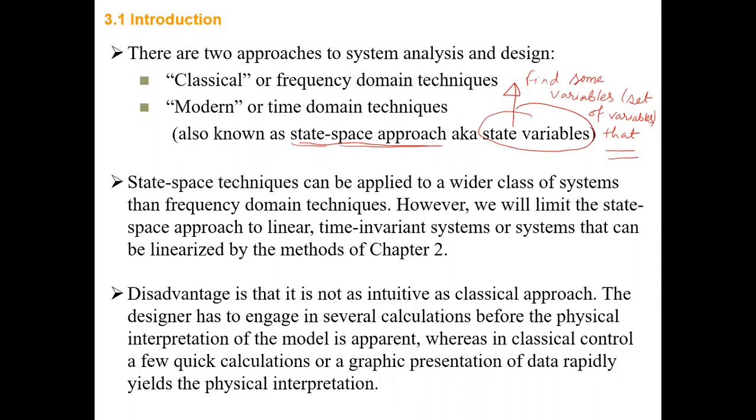Those variables are called state variables. That could be current, it could be voltage, that kind of thing. These variables, which can describe the system completely, are called state variables. And the space is called state space, right?